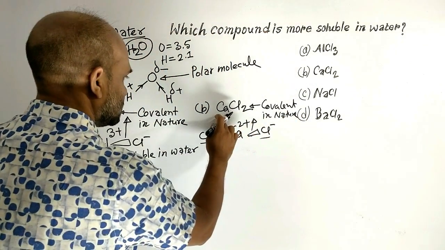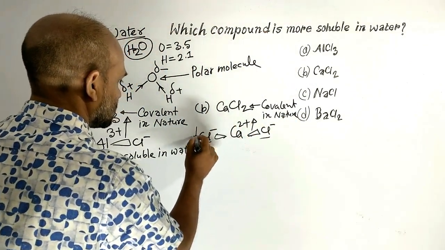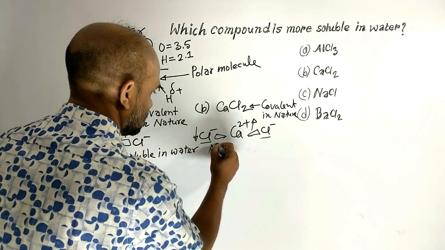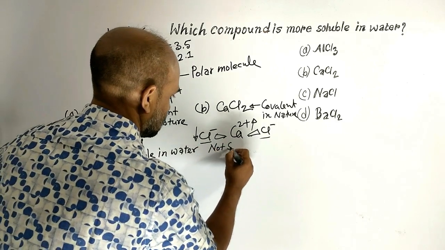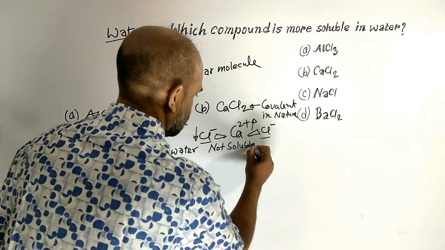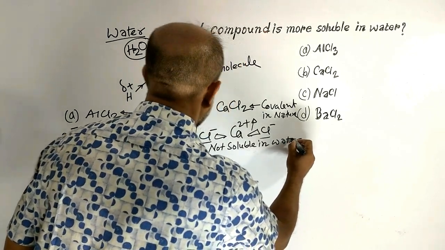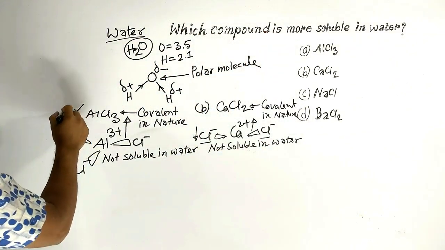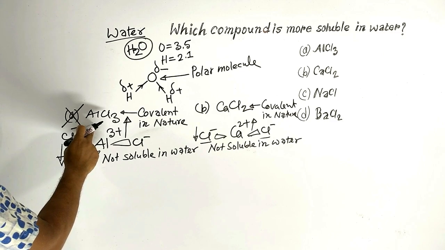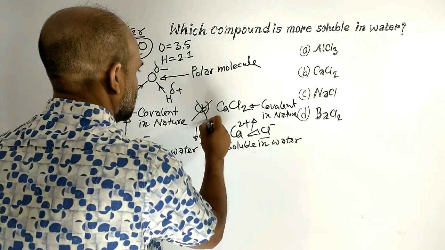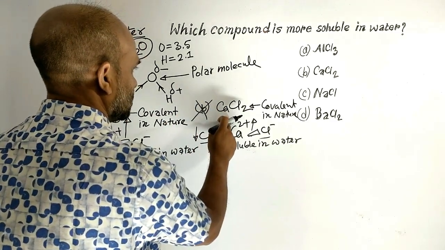That is, this is also not soluble in water. So, aluminum chloride is not soluble in water. Calcium chloride is not soluble in water.